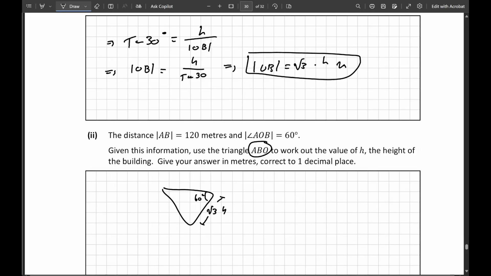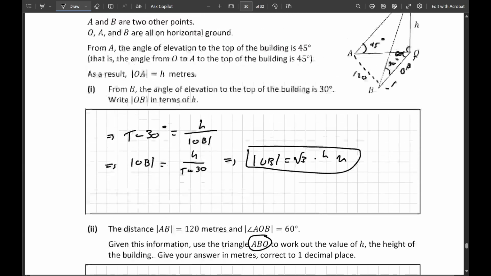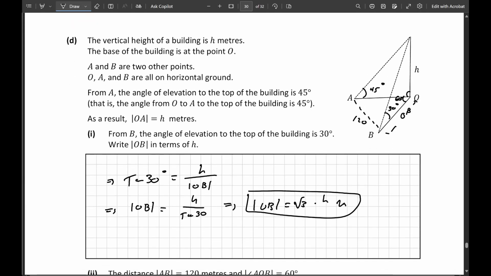This distance here is 120. I think we'll just have to get this length here. So tan of 45 is h over OA. Tan 45 is 1, so this length here is actually h. Okay. That's what I was missing.